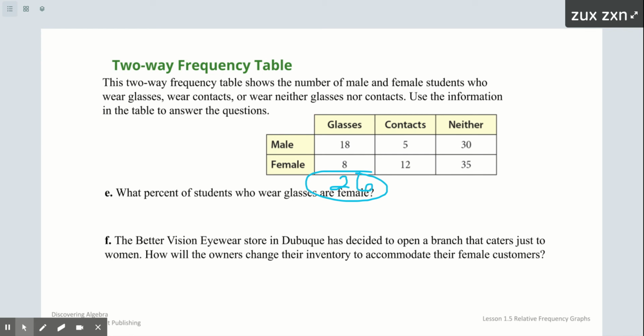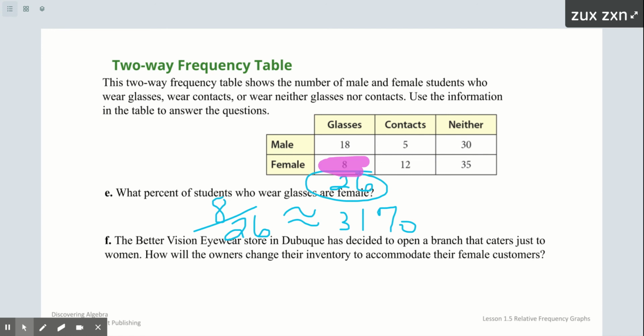So we're going to take 8 females from that category, that part. 8 females out of a total of 26 students that wear glasses. And we're going to do that same thing to get the percent, where we take our numerator and divide it by the denominator, and we can multiply by 100, which will get us about 31%.